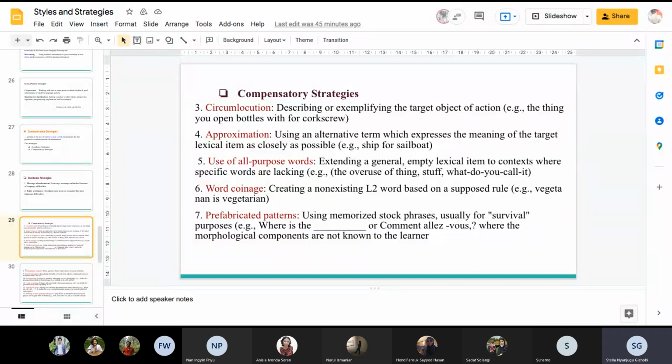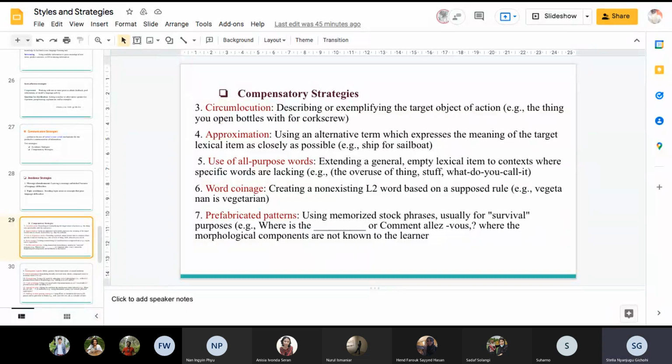We have the strategies they use. One is circumlocution. This one has to do with describing or explaining the target object or action. I'm sure even us have done this. For example, the thing you open bottles with, you don't know it's called a corkscrew. So you simply say, I want that thing you open bottles with. So what you're doing is circumlocuting.